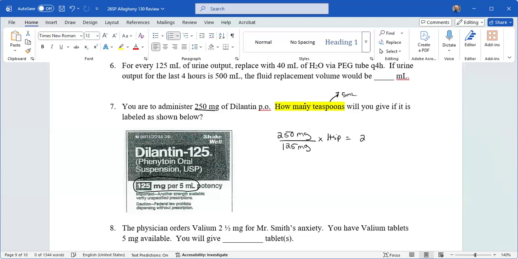And then that gives me an answer of 2 teaspoons. So the trick is, if you do solve for milliliters, make sure you convert it to teaspoons before you do anything else, and then you should be okay.